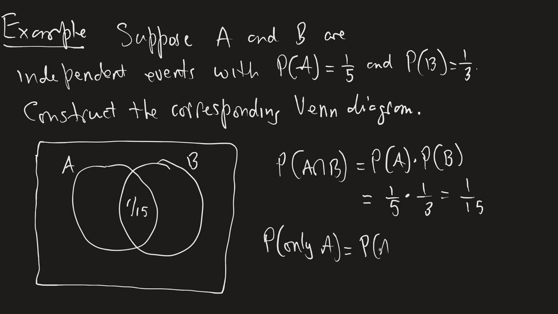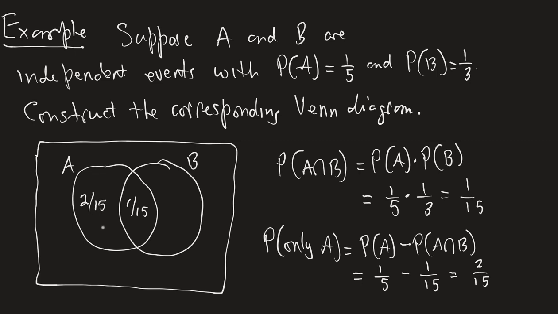You take the entire probability of A and then minus the probability of the intersection of A and B. So take the 1/5 and subtract the 1/15, what we just found, and that will give us the only A part. Okay? So 1/5 is the same as 3/15 minus 1/15, so that's 2/15. So that goes right here.